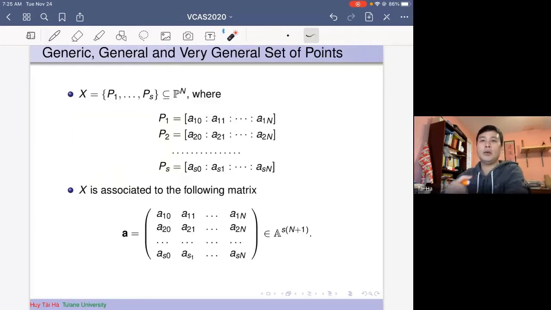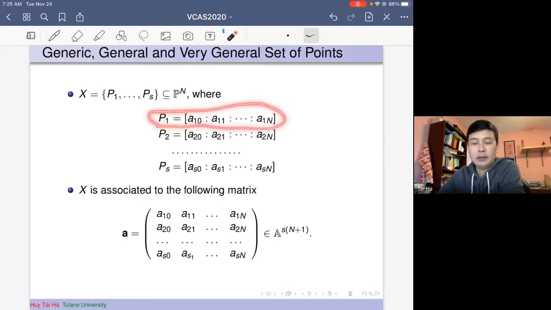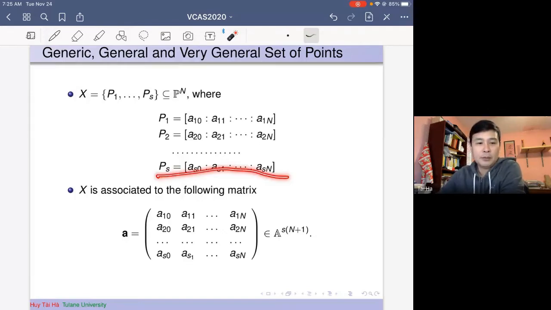Let's write down the coordinates of these points. If P1 is (a10, ..., a1n), P2 is (a20, ..., a2n), etc., Ps is (as0, ..., asn), then X is completely determined by this matrix.